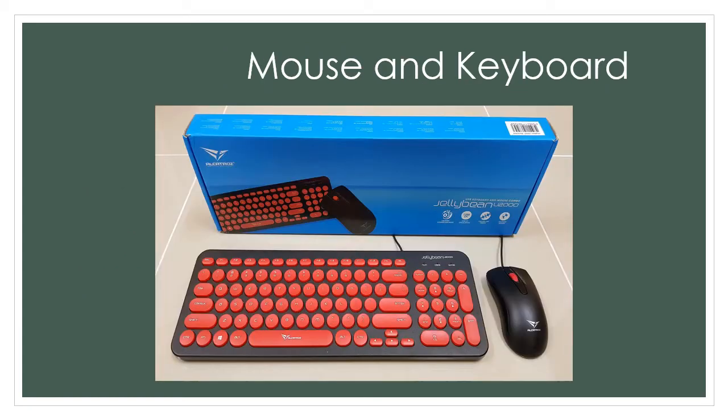See, this is the mouse and keyboard. So what is the use of mouse? Mouse allows the user to position the cursor, draw and execute program functions by clicking the mouse button. Then keyboard allows the user to type letters and numbers.